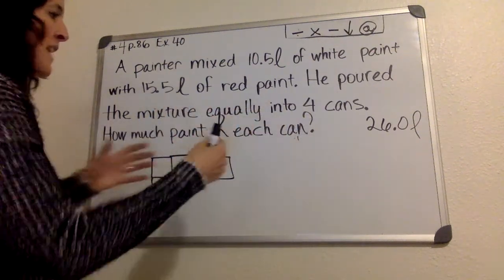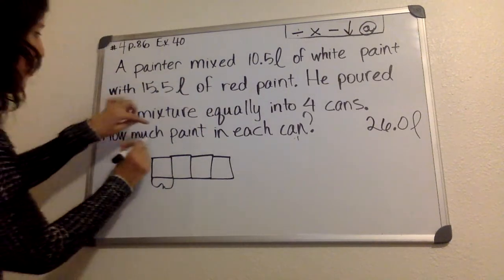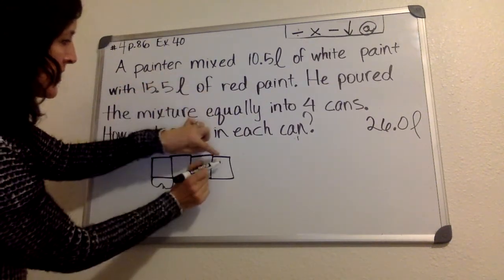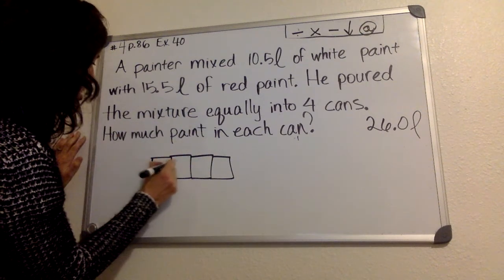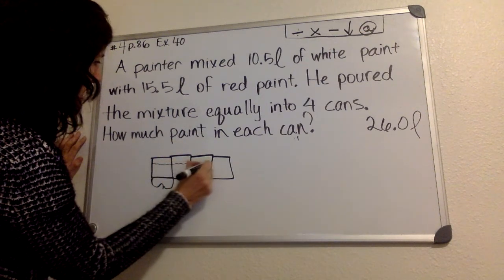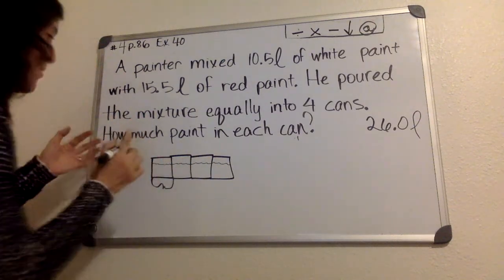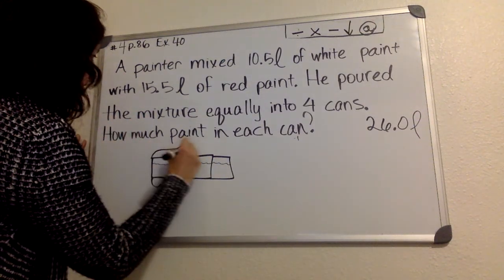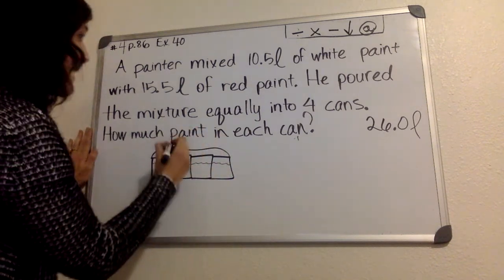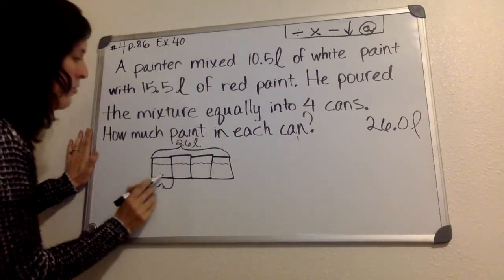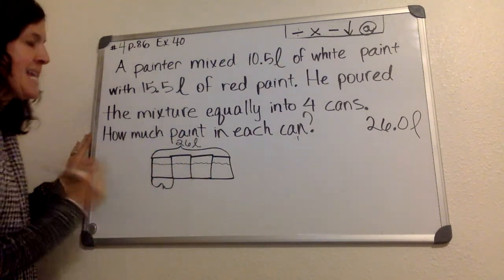I'm going to take this big container, pour some in each can, and make sure that each of these is level, with an equal amount. Altogether, my paint is 26 liters. How much is in each can?